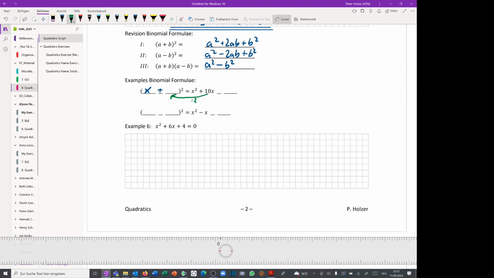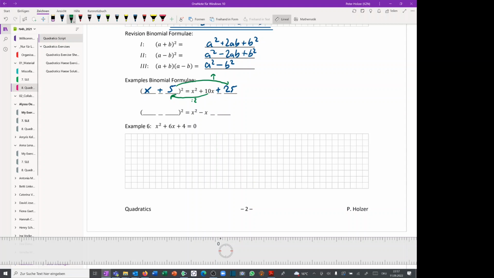Once we have the 5, what we can do is we square now the 5 to get the b squared, which is 25. So we get plus 25. What we've done is take the 5 and square it.